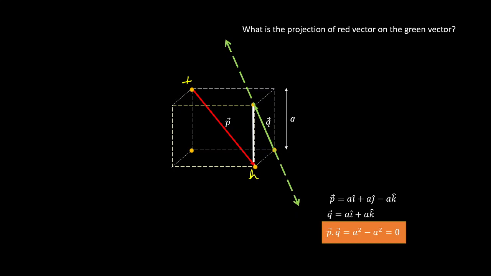This line is not perpendicular, but these two white lines are the same. Let's call these points A, B and C. You see that AB and BC have the same length a. So in triangle ABC, AB is equal to BC.